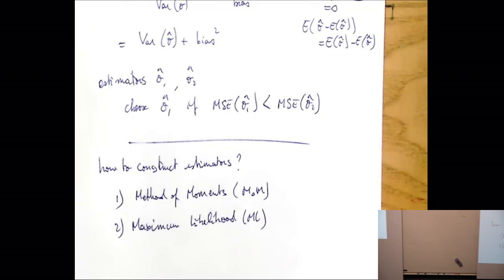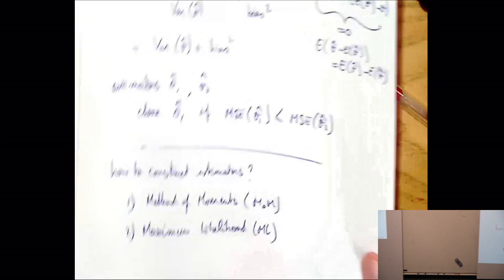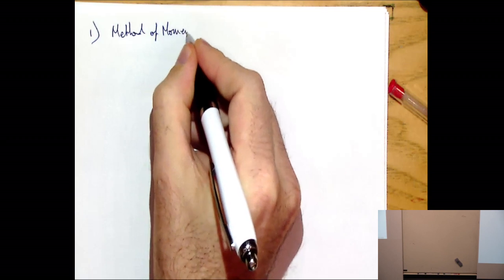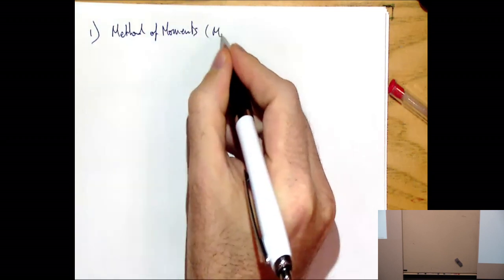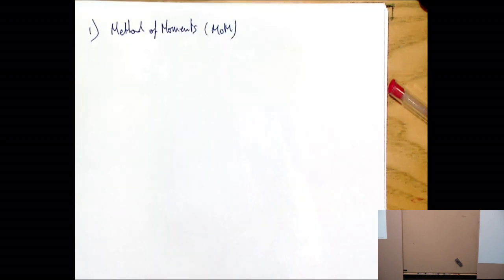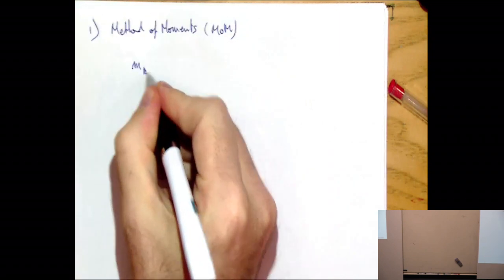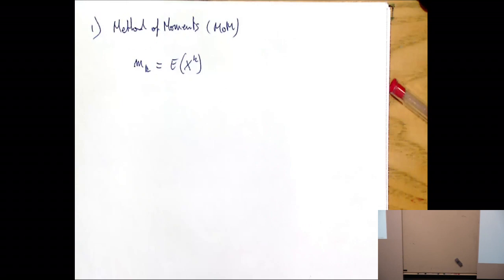So let's look at the first one, the method of moments. As the title says, the method of moments means you're going to use some moments. You remember what a moment is. The kth moment was the expectation of x to the power k.